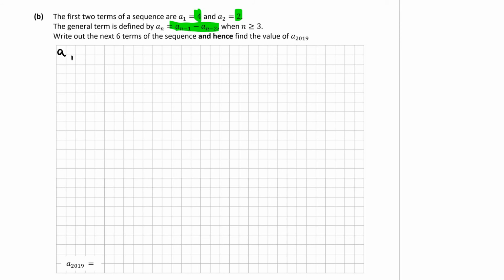So a1 equals 4, a2 equals 2, a3 is equal to the preceding one, which is 2, minus the one that precedes that, 4, which is minus 2. So these are my terms: 4, 2, minus 2. A4 equals minus 2 minus 2, which is minus 4.